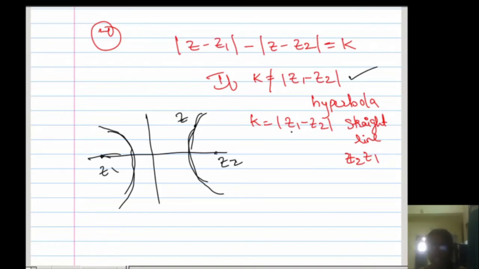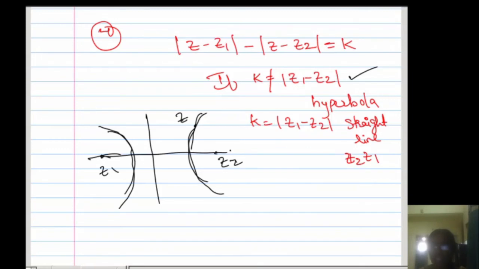Next, K is equal to mod Z1 minus Z2. Suppose Z lies somewhere on the line Z1 Z2. What is the meaning here?